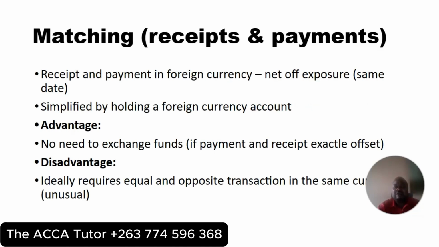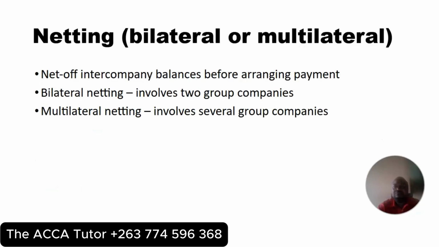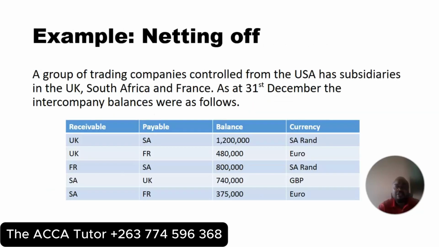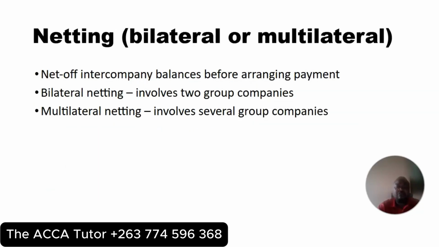We talked of matching receipts and payments and so forth. You should as well know some of these, but I think I will need to discuss more on netting when I come back.